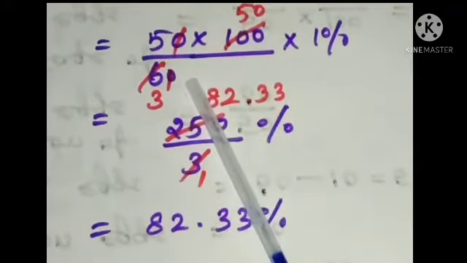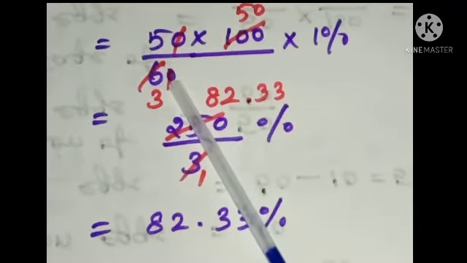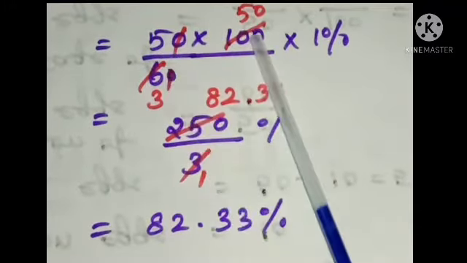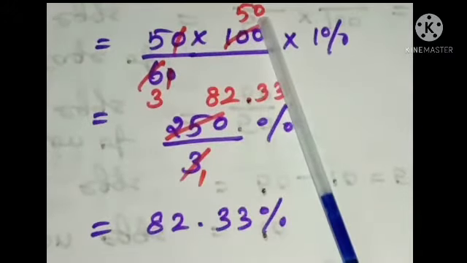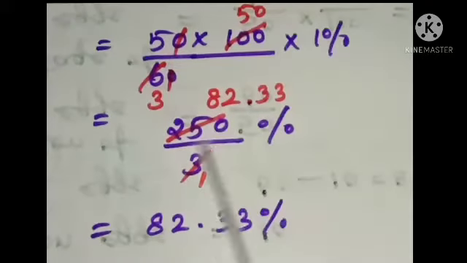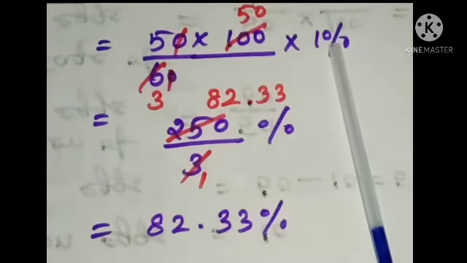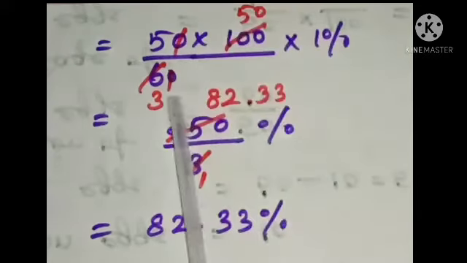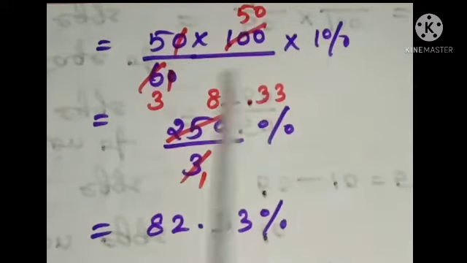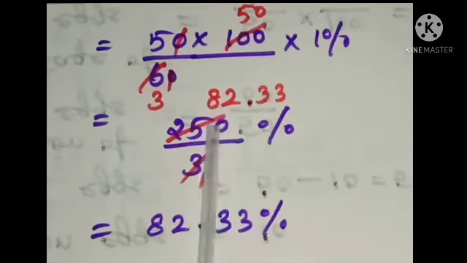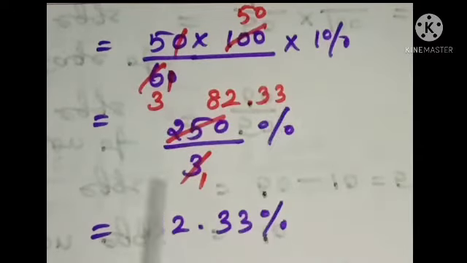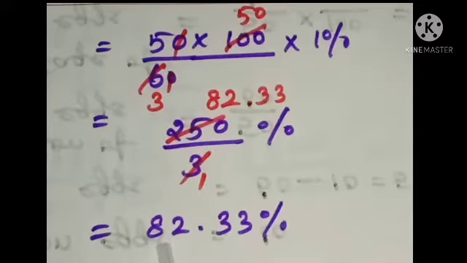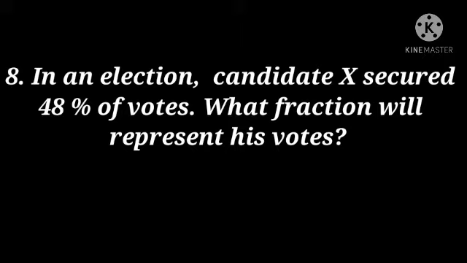Now cancelling 0 and 0 in the numerator and the denominator, and here cancelling 6 and 100 by using 2 table. Here it is 3 times, in the numerator it is 50 times. 5 into 50 is 250 by 3, and 1 by 100 becomes 1 percentage. Here 250 into 1 is 250, and cancelling 250 by 3 we get 82.33. Thus the percentage of good eggs is 82.33%.